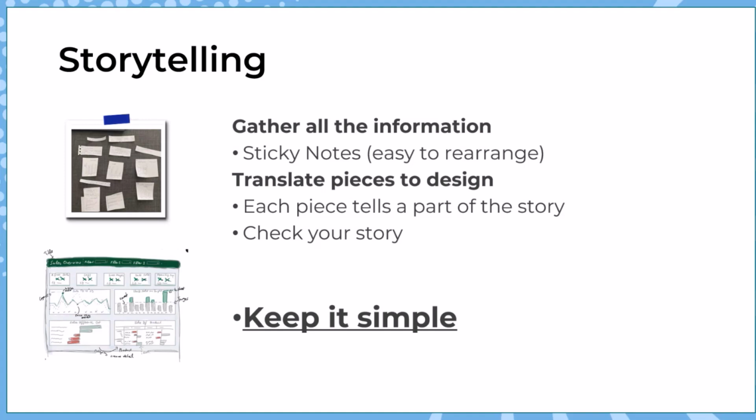If I have some ideas how I would like to visualize stuff, I do that there too. Then I rearrange that in front of me: this is my user, this is their question, and this in front of me is the dashboard I think I want to create, and I think it would work. Then I put all the information there and check if it still works, if I have all the information, and if all the information in there makes sense.